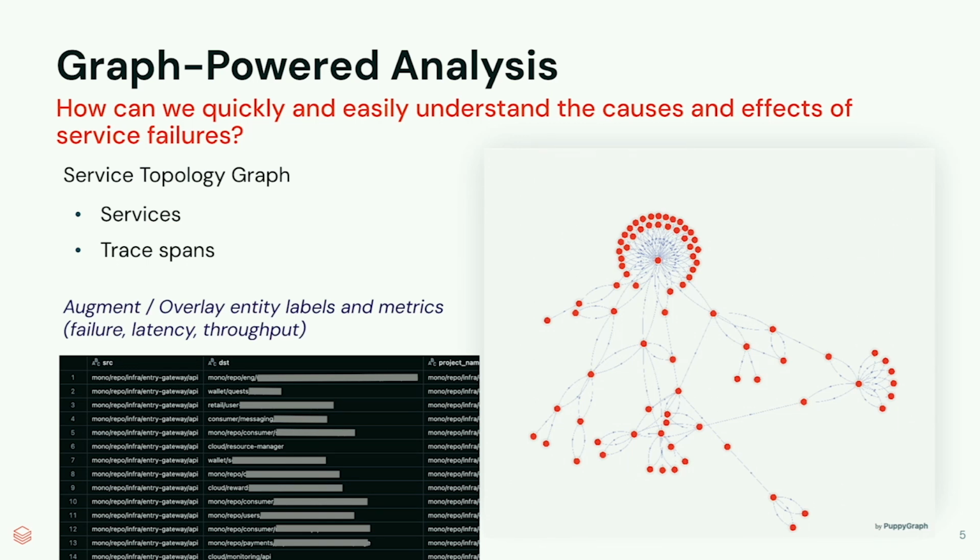From that call graph and traces telemetry data, we can first compute something called a service graph, right? It's a topology of which service calls which service, and then we can augment additional data on top of it, like how many calls are from service A to service B. That's the easy part.